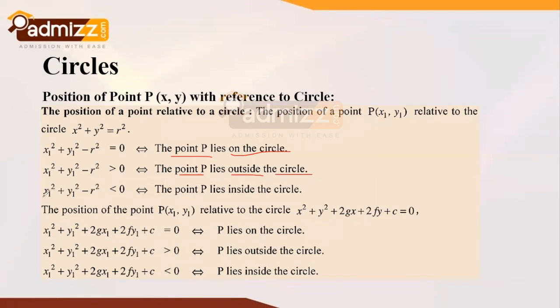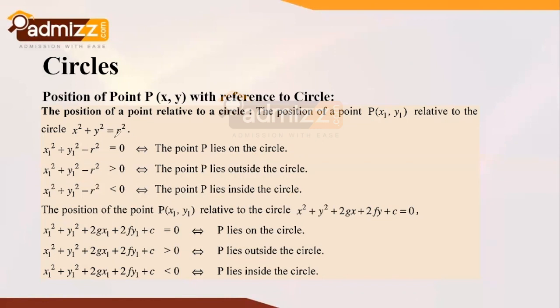And if the value is less than 0, then it is inside the circle. Ultimately, if the value equals 0, then the point is lying on the circle. If the value of this simplification is greater than 0, then it is outside the circle. And if the simplification value is less than 0, then it is lying inside the circle.